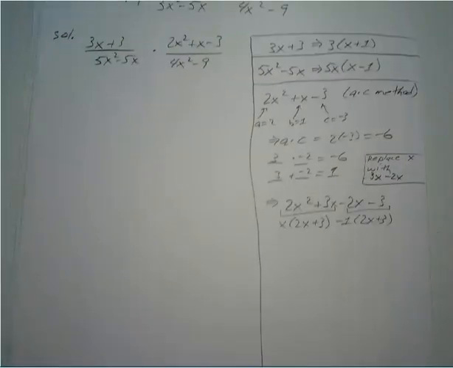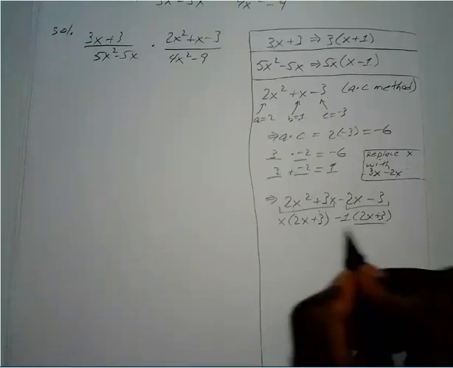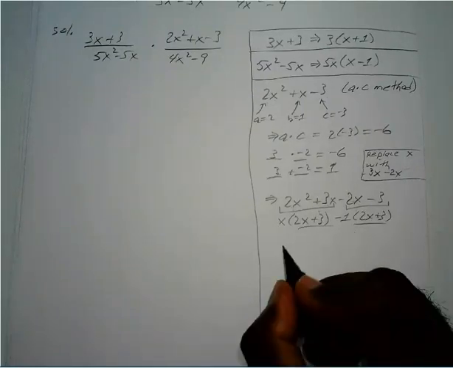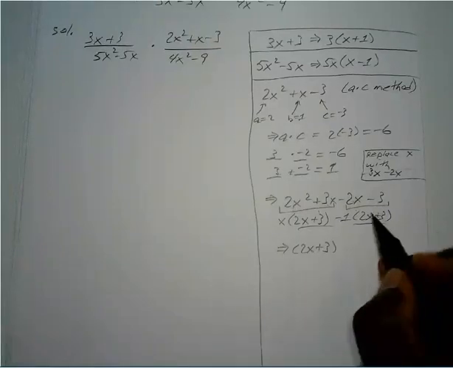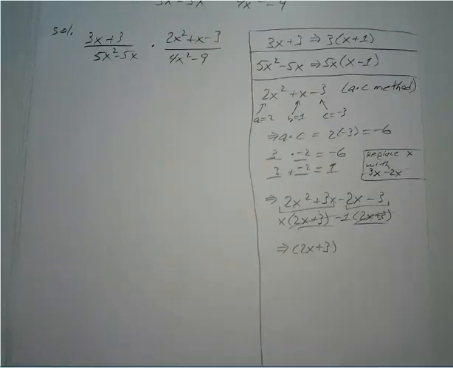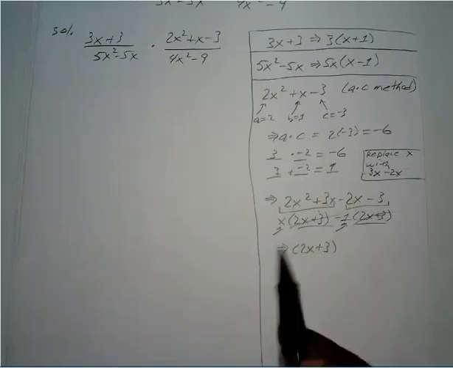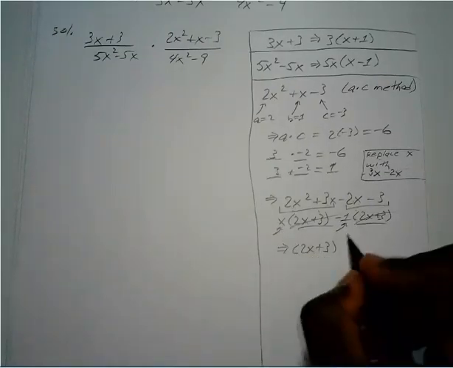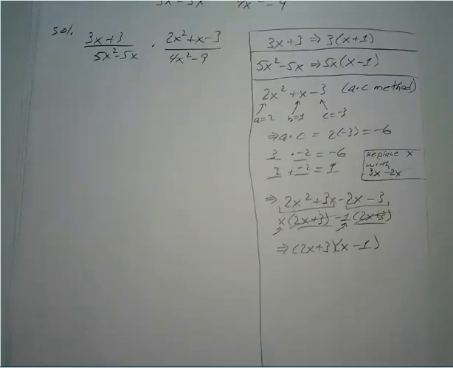Okay, so we have our common binomials. So once we get our common binomials, we can go ahead and factor that out. So we have 2x plus 3, and go ahead and draw a line through those. And what's left goes into our other binomial, which is x minus 1. Okay, so we factored our 2x squared plus x minus 3.